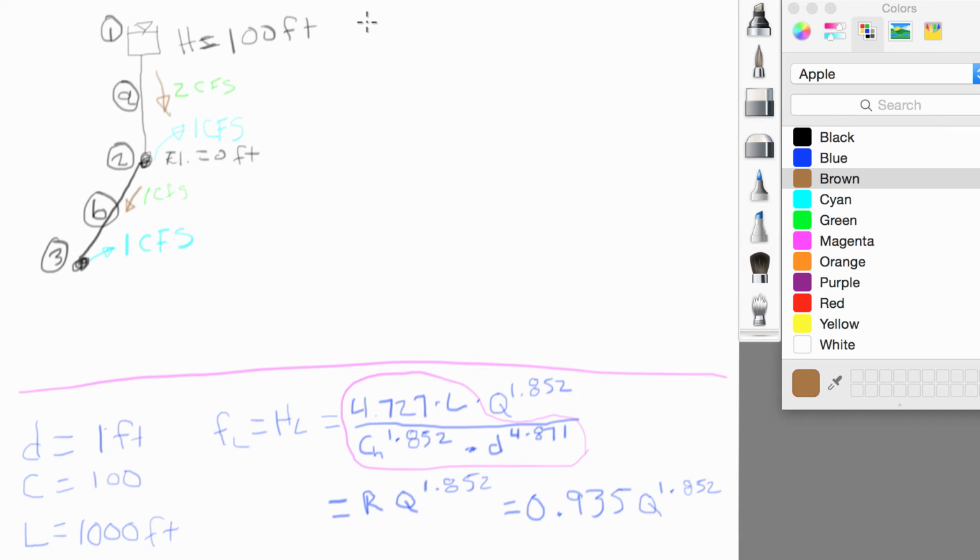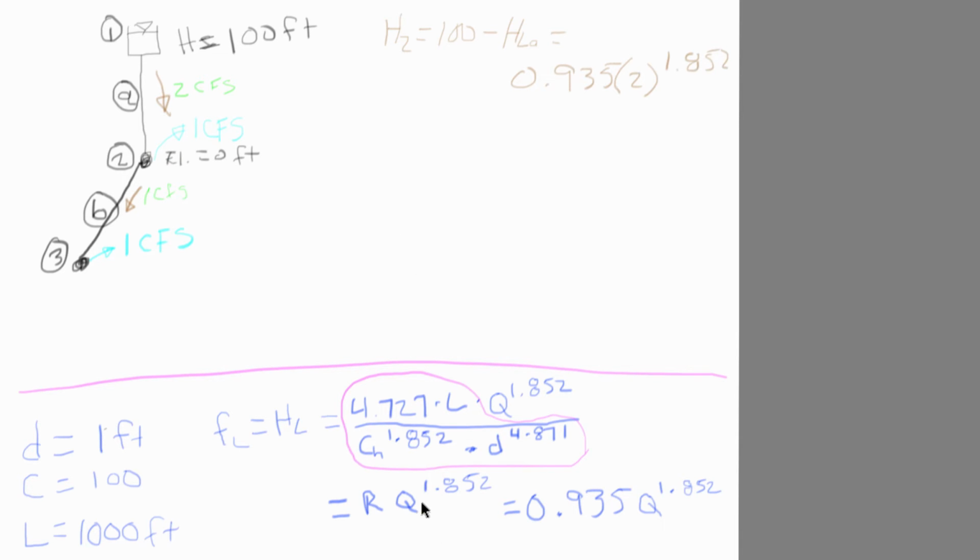Okay, so if we want to know the head at node 2, it's equal to 100 minus the head loss in pipe A, which is equal to 0.935 times 2 CFS raised to the 1.852.